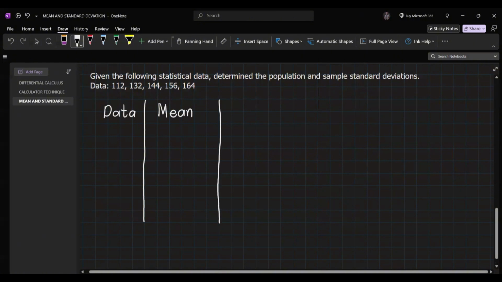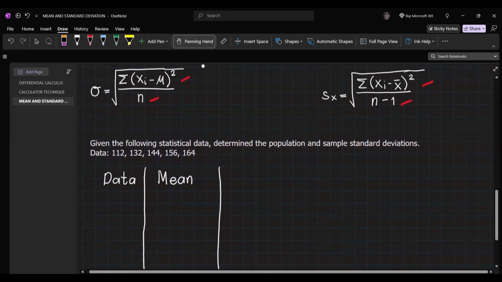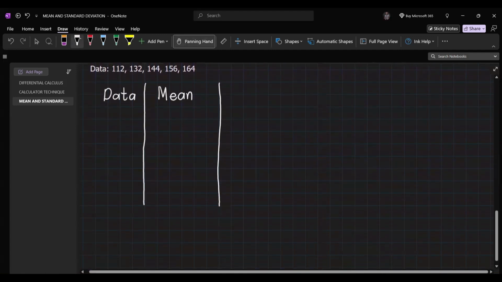And then, ito yung numerator natin na xi minus mu or x bar. So, ito yung xi natin minus mu or xi minus x bar squared. Squared na lang yan, ano? Kasi yan ang kukunin natin mamaya, yung sum.